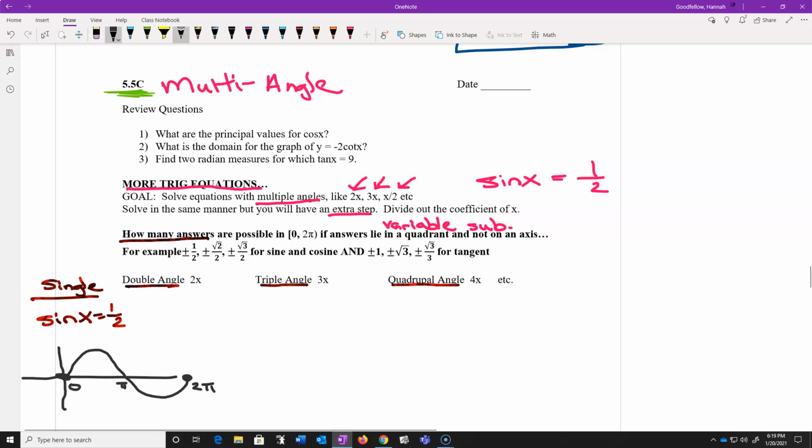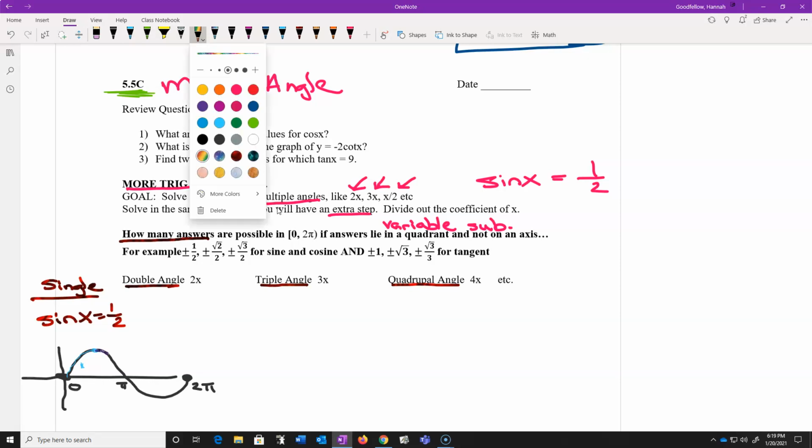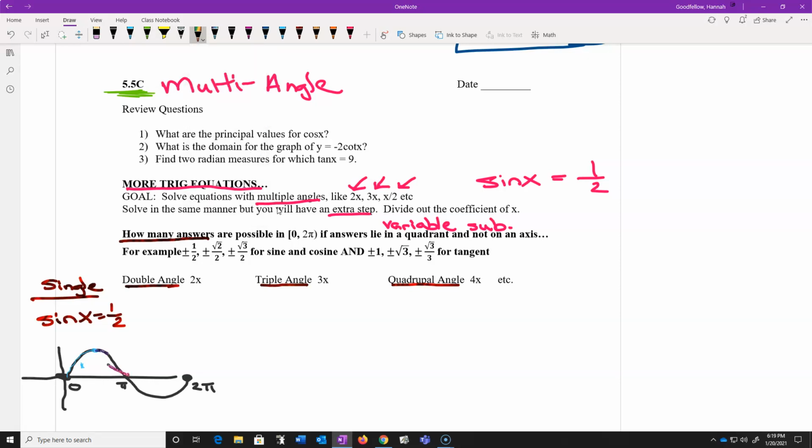Now, the reason why we end up getting the answers that we do is because each one of these regions where sine is 1/2 are represented in the unit circle. And like in this section right here, when we draw this part of the unit circle up to this point, this is really representing quadrant number 1 when we draw that part on the actual graph. And then as soon as we continue further on it, this section right here is representing, sorry, I can't draw real well, section 2 or quadrant 2.